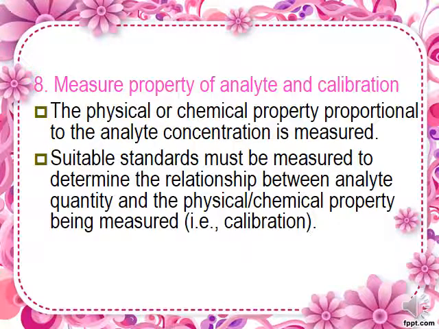Okay, the eighth step, the second last step, is to measure the property of the analyte and calibration. Okay, so what are the analysis to be done on the sample? So it goes back to the method just now. So if your method is to determine the pollution, to identify whether river water is polluted or not, what are the method?